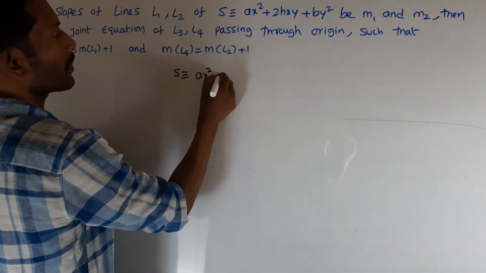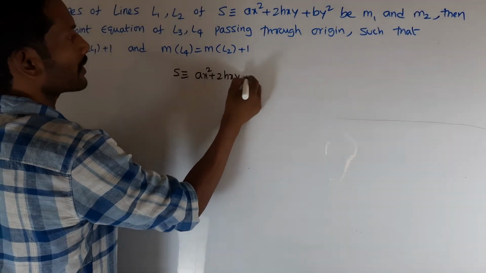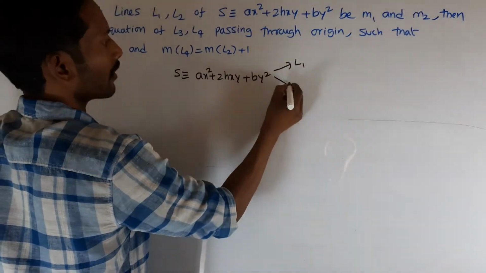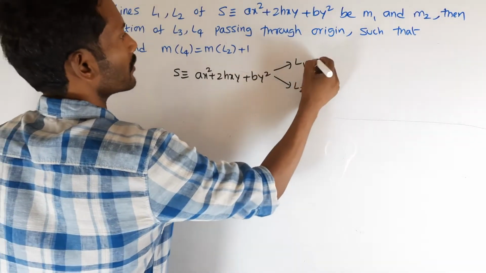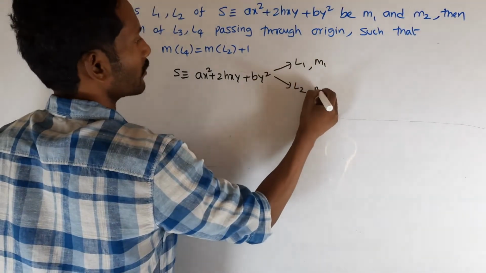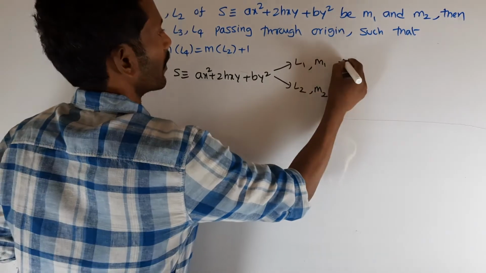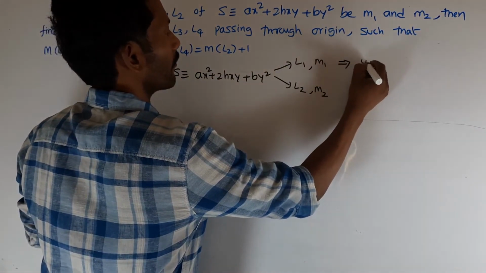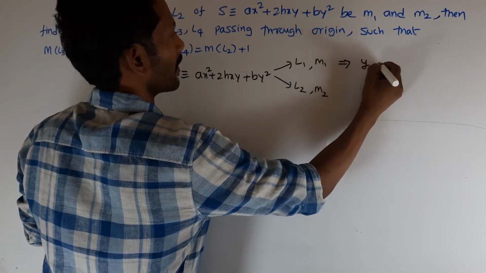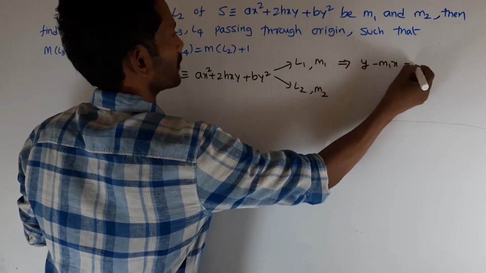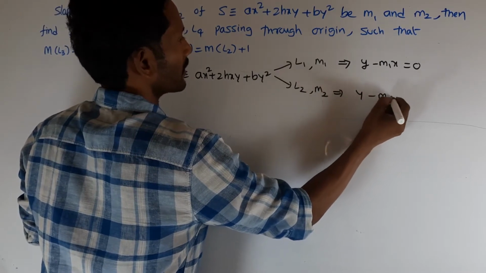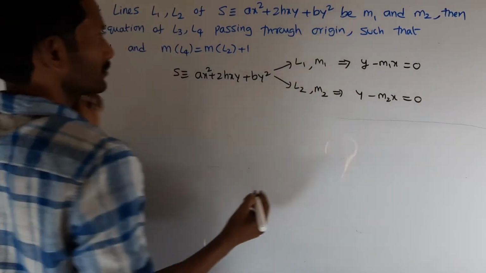ax square plus 2hxy plus by square, lines L1, L2, slopes m1, m2. Line equations: y minus m1x equal to 0, y minus m2x equal to 0.